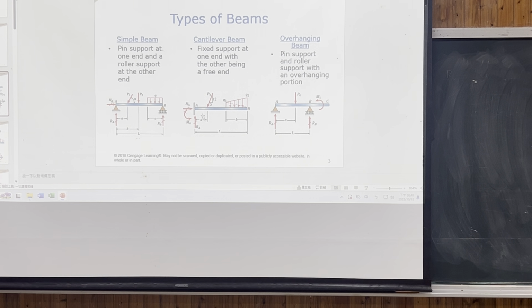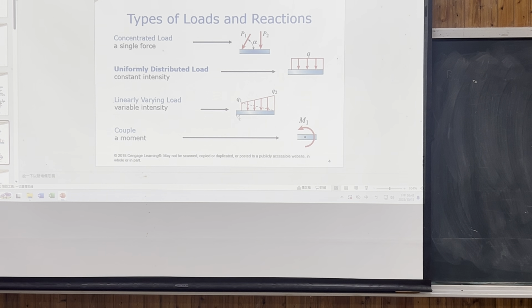You have to consider a moment, right? And for a simple beam, there's no moment at the hinge or roller. And for the overhanging beam, you will have to consider the moment in the overhanging part, right?